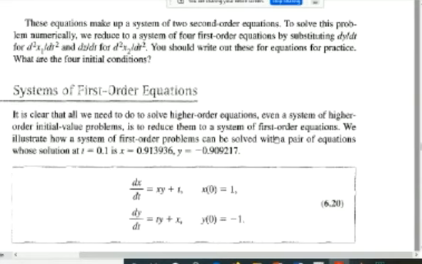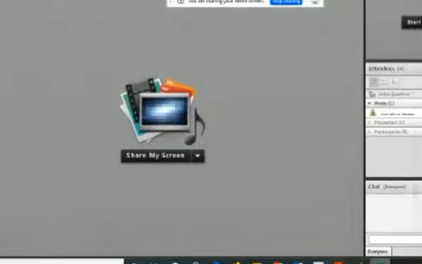It is clear that all we need to do to solve higher order equations, even a system of higher order initial value problems, is to reduce them to a system of first order equations. And here we illustrate how a system of first order problems can be solved with a pair of equations.